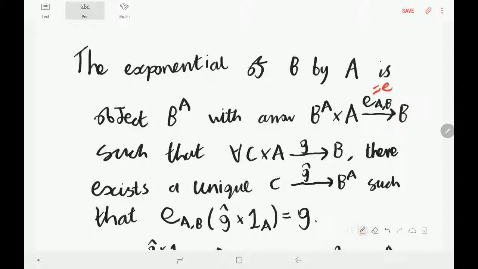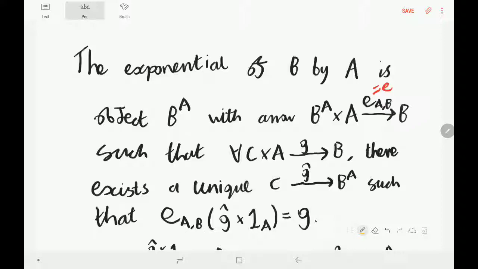So we have this object B to the power of A with this arrow e, which goes from B to the power of A times A to B. We're assuming we have products of pairs of objects, and it's this special arrow which goes from the product of this exponential object with A to B. Now, thinking very fuzzily in Set, the elements of B to the power of A are functions from A to B. So if we have a function from A to B paired with an element of A, what this e arrow does is evaluate that function on that element, which gives us a member of B.